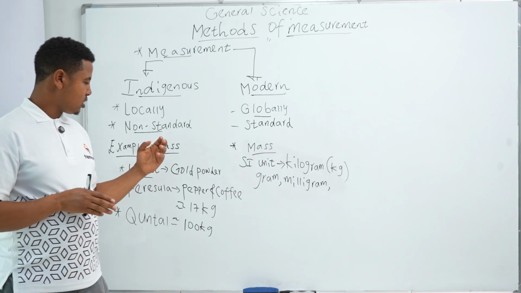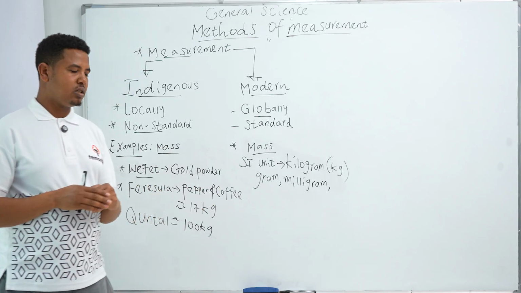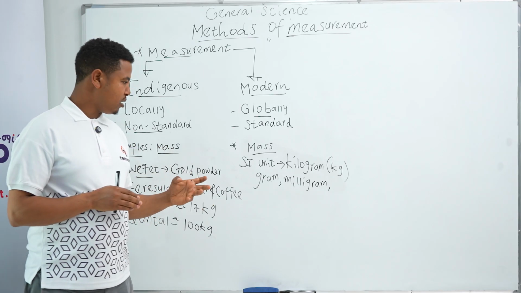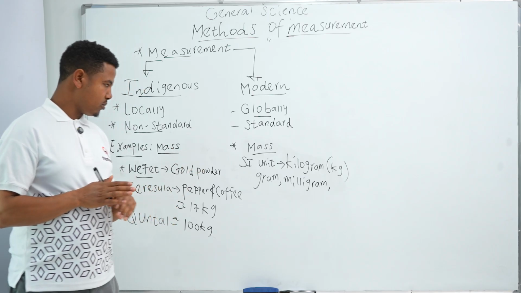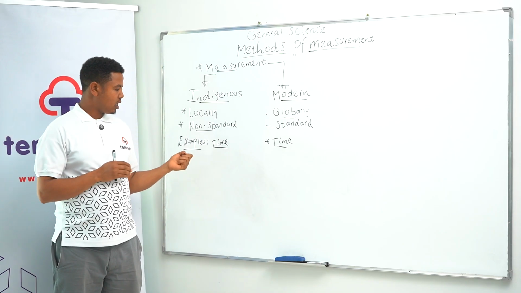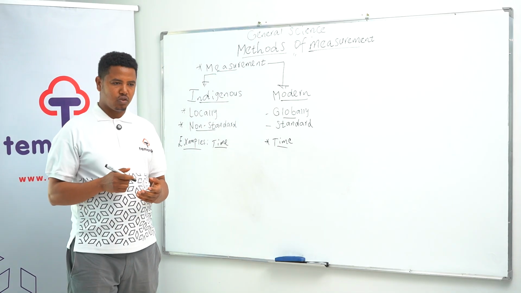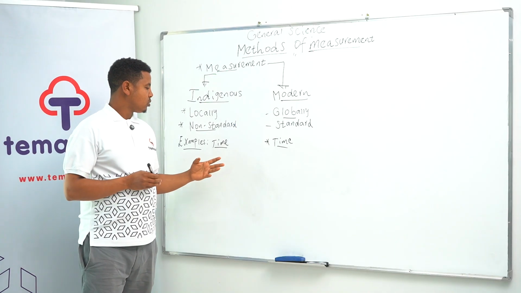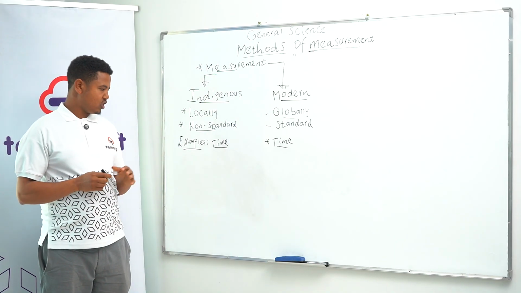Okay, and also there are other units for time and volume. Let's see them as well. Elders mostly used the shadow of a tree to know what time it is in ancient times.